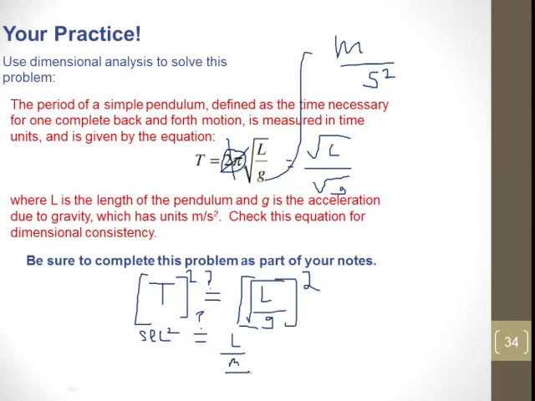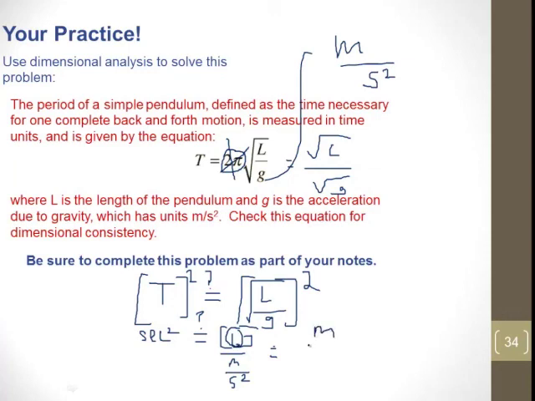Meters over seconds squared. Okay, well, meters, now I have to get into, this is a dimension, and now I only have one dimension, I have 2 units, okay? So the next thing I want to do is change this last dimension, which is my L, into the SI dimension meter, or SI unit meters.